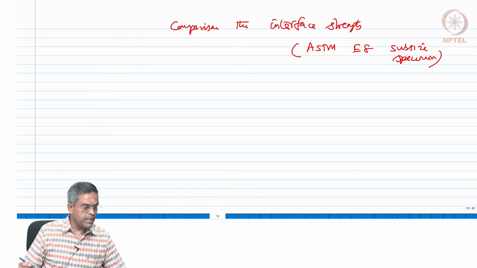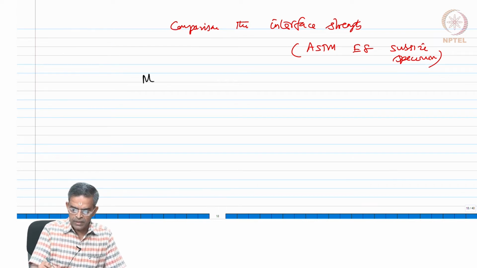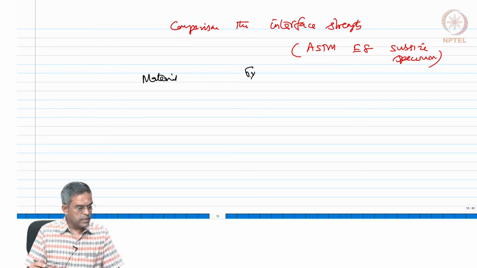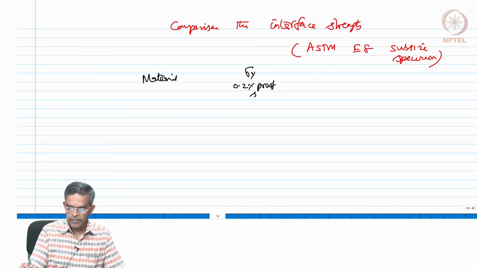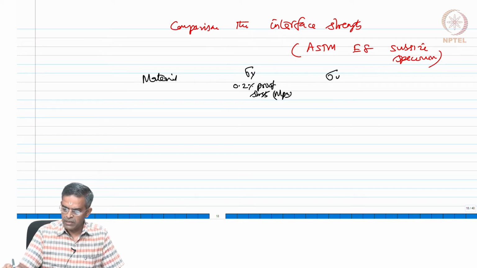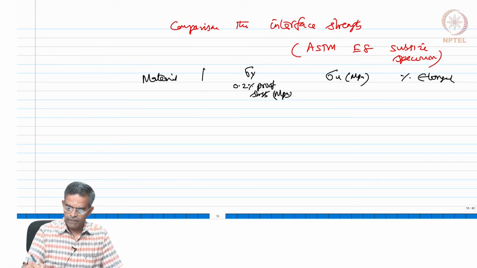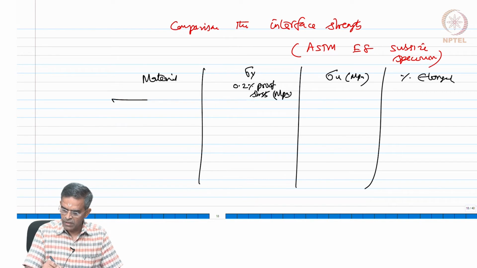So, we are now comparing the material for yield strength, which is 0.2% proof strength, okay, in megapascal. We will also compare ultimate strength in megapascal. We will also compare percentage elongation quickly for this material.